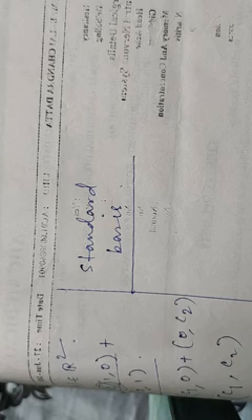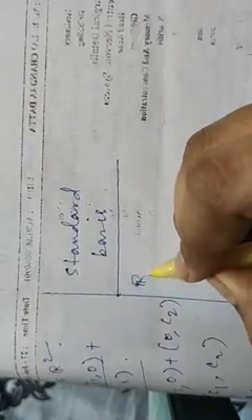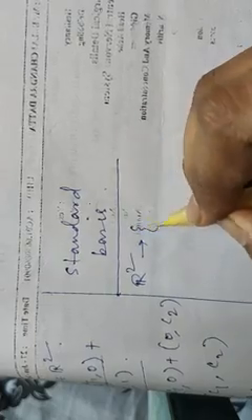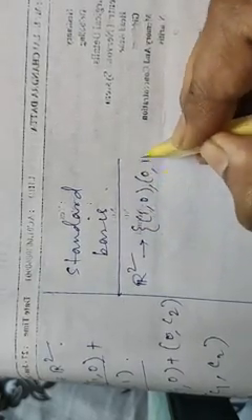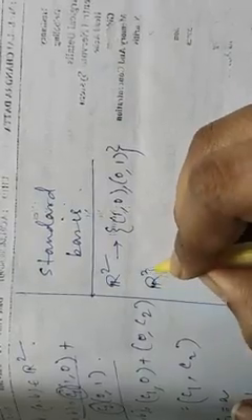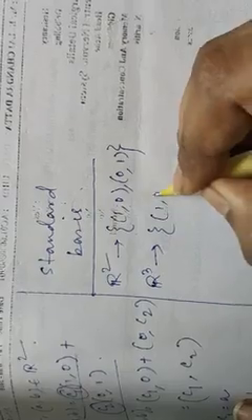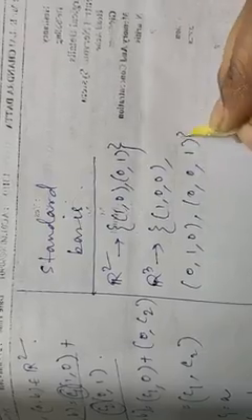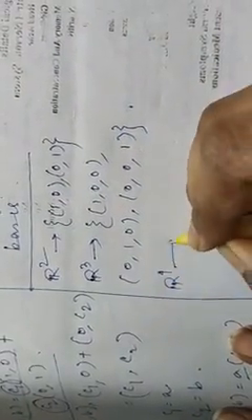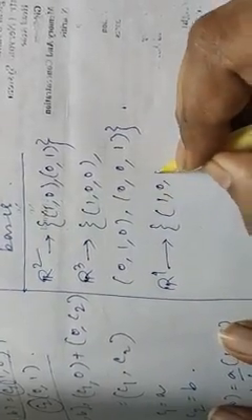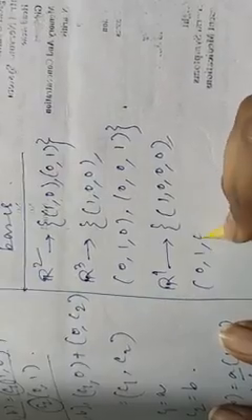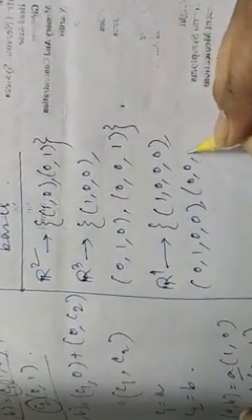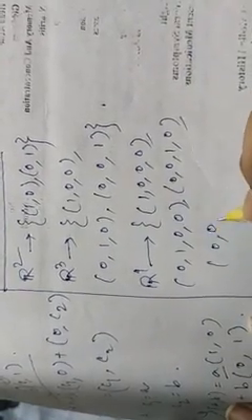Similarly, the standard basis of R square is (1, 0), (0, 1). Standard basis of R cube is (1, 0, 0), (0, 1, 0), (0, 0, 1). Similarly, the standard basis of R to the power 4 will be (1, 0, 0, 0), (0, 1, 0, 0), (0, 0, 1, 0) and (0, 0, 0, 1).